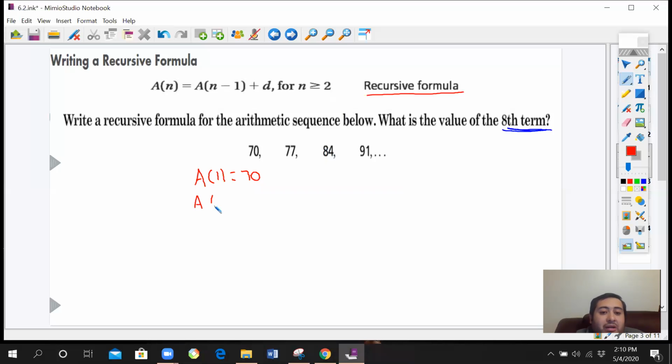If we continue this process, your A2 is going to be, well, there's a difference of 7, so it's basically A1 plus 7. So your A3 is going to be your A2 plus 7. And then your A4 is going to be your A3 plus 7.